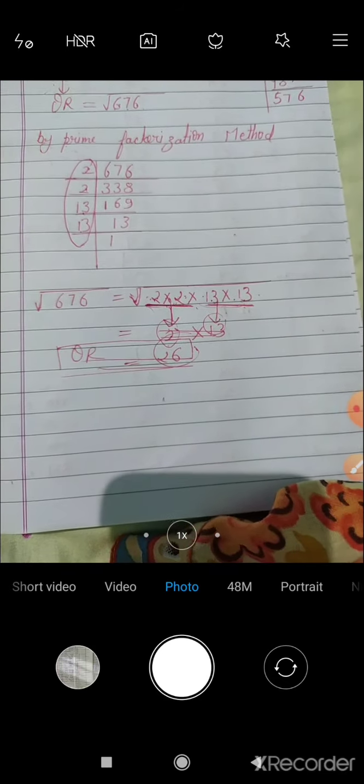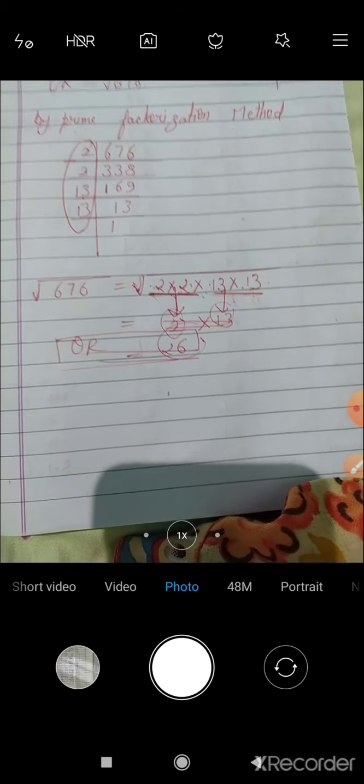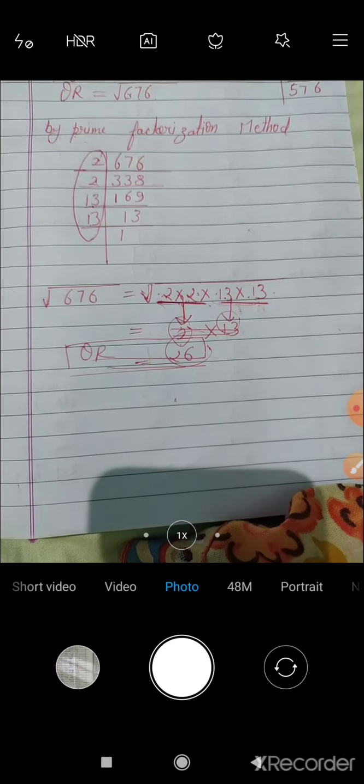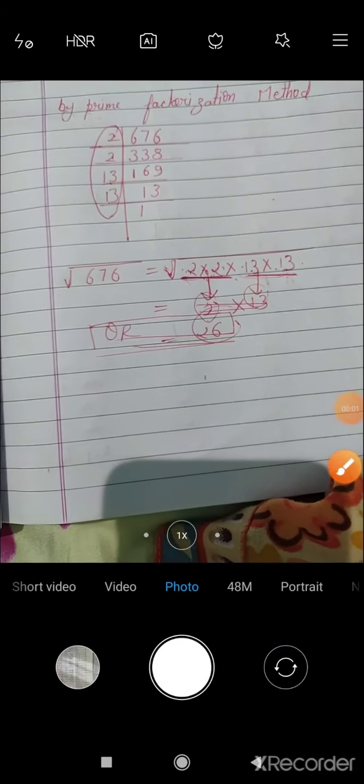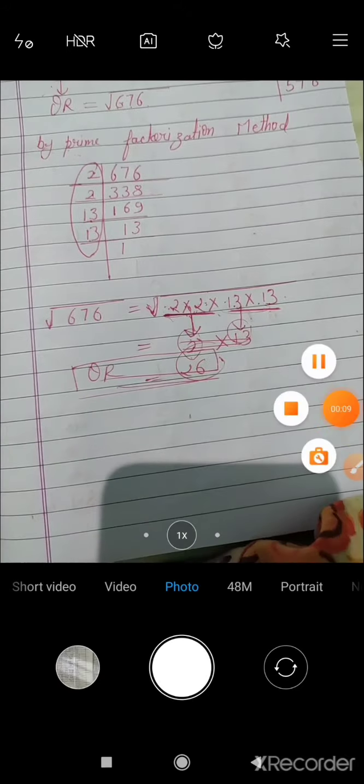In the first pair we take out 2, and in the second pair we take out 13. After multiplication we have 26, and 26 is the value of QR. It means the hypotenuse of this triangle is 26 centimeters.